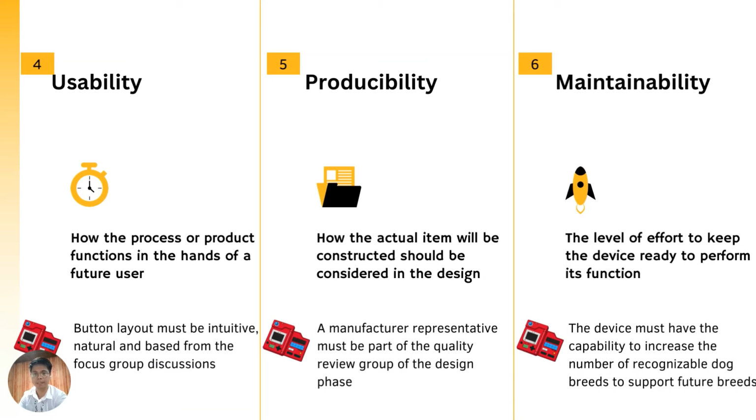For maintainability, since there's a limited set of available dog breeds as of the moment, the device might have a requirement that specifies that it must have the capability to increase the number of recognizable dog breeds to support future breeds.